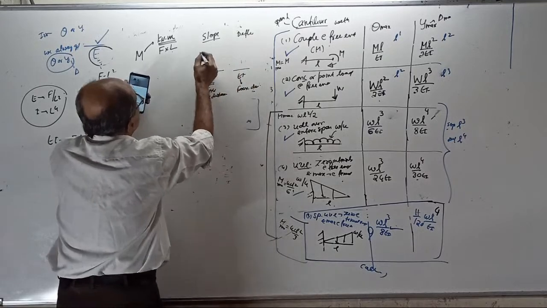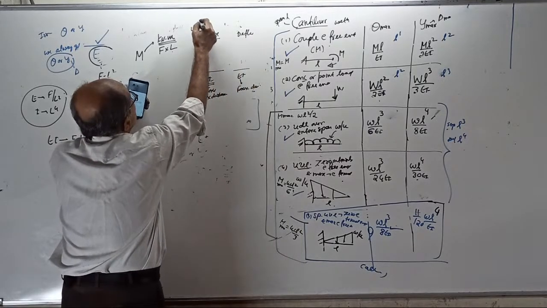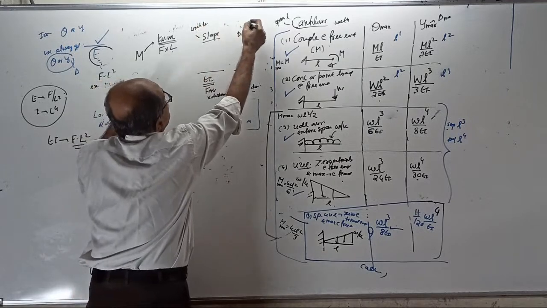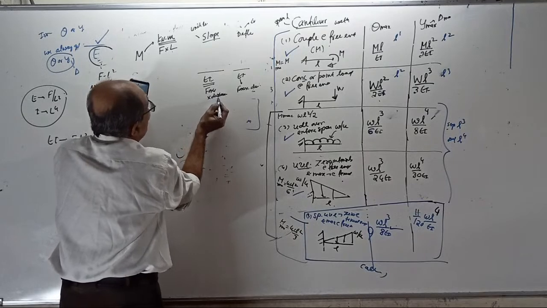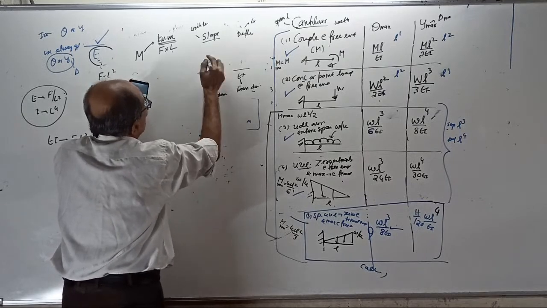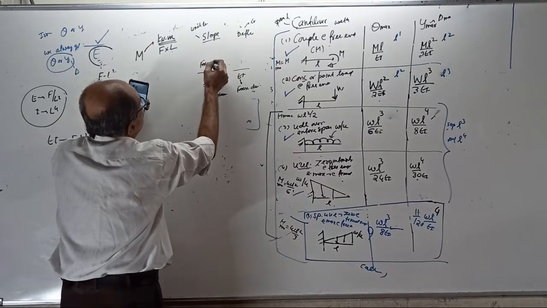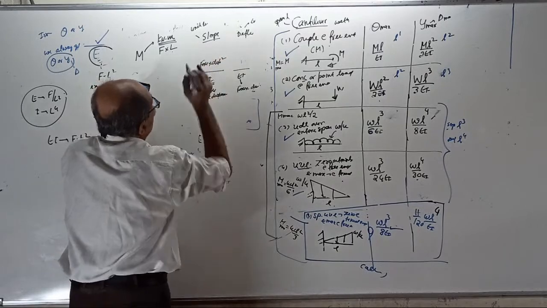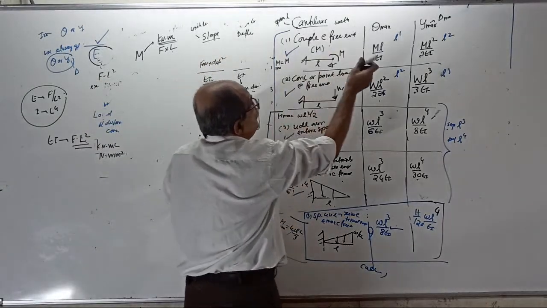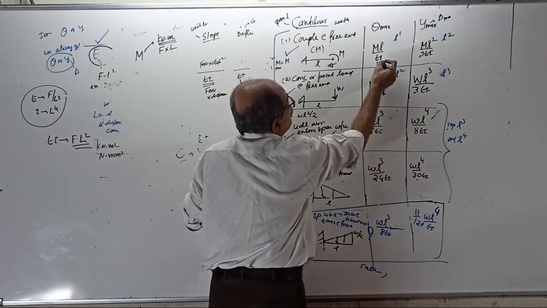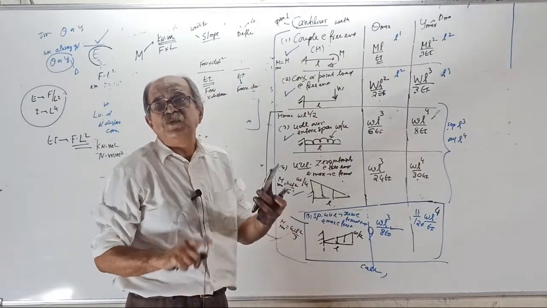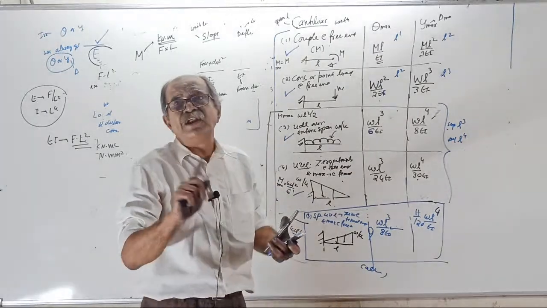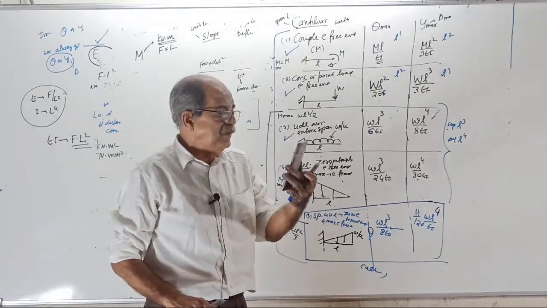So, to get slope unitless and deflection linear, this denominator is force into distance square, so the numerator should also be force into distance square. Yes or no? For slope, there is no unit, only radian will come.